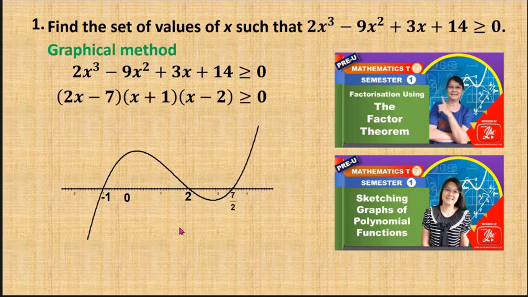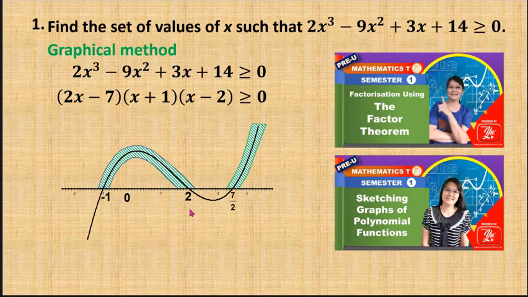Next step, I'm going to mark the region of the inequality. Since the inequality is greater than or equal to 0, then the part of the graph which is above the x-axis should be marked. Then we should double check whether the critical values are included.